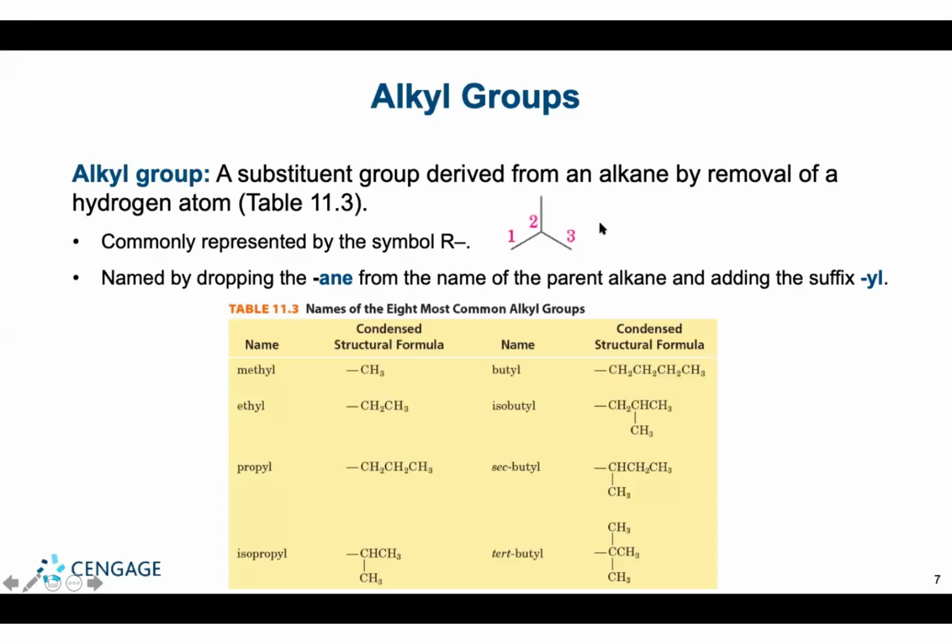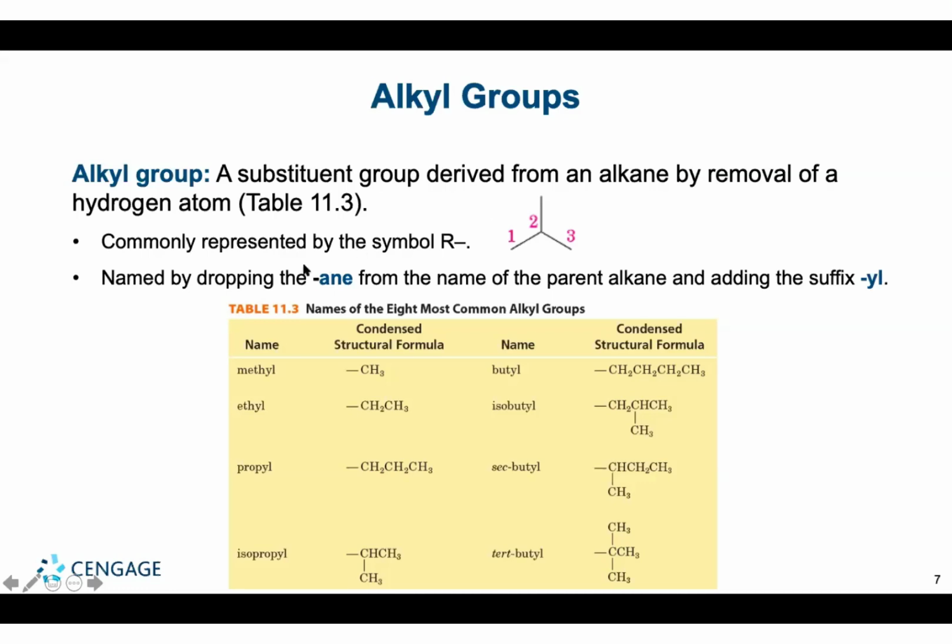With no hydrogen attached to it. It's just carbons. So I'm gonna start numbering to find the longest chain. That's my longest chain, 1, 2, 3. So that would be the branch out of it.